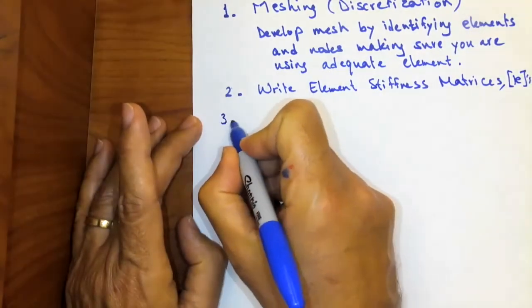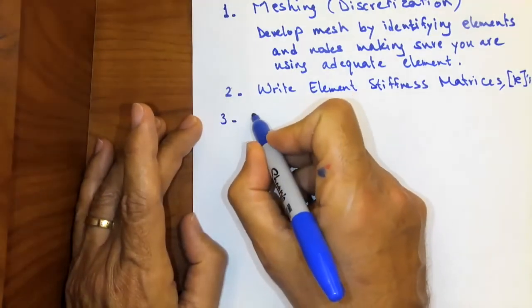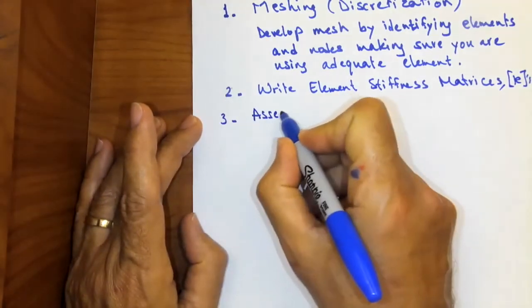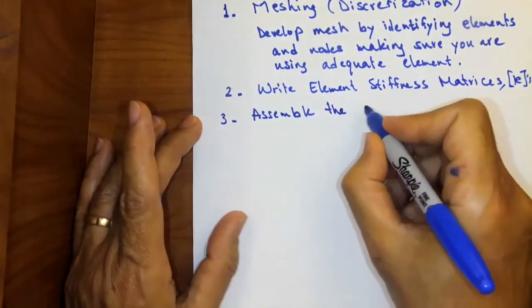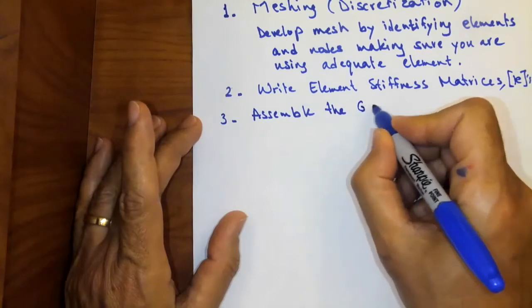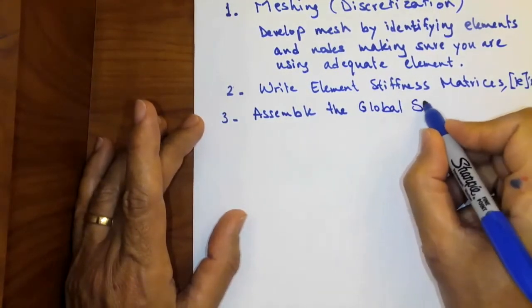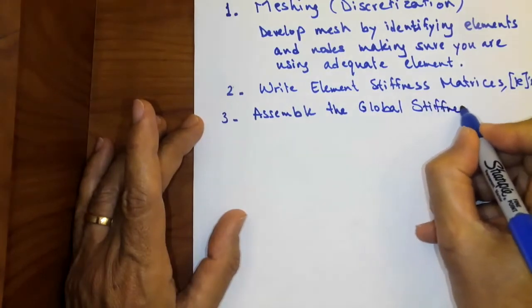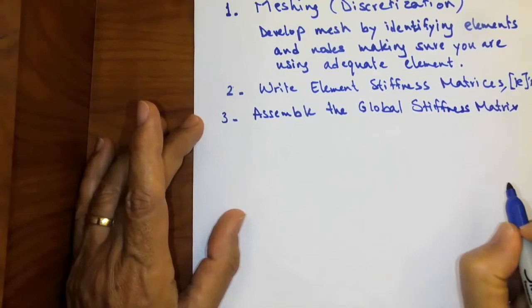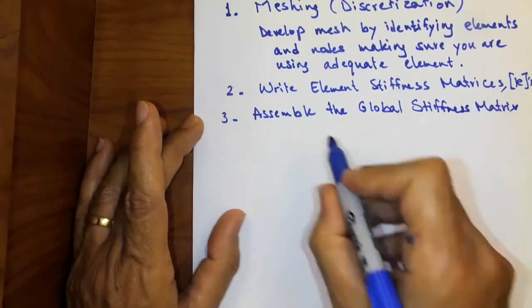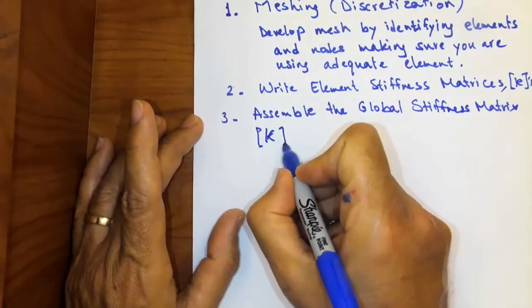Step number three is to assemble the global stiffness matrix. This is the uppercase K.